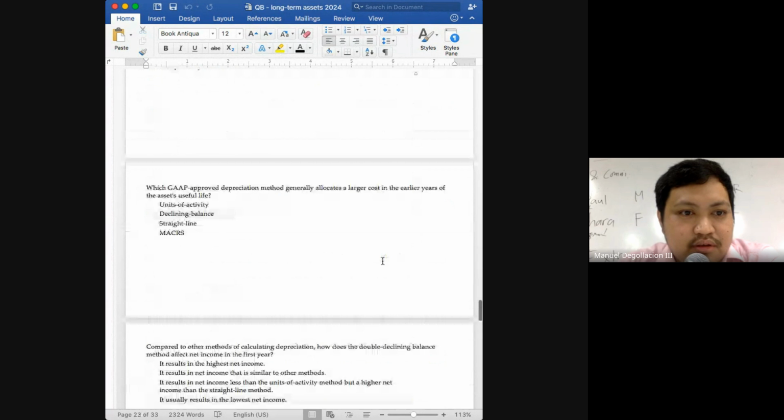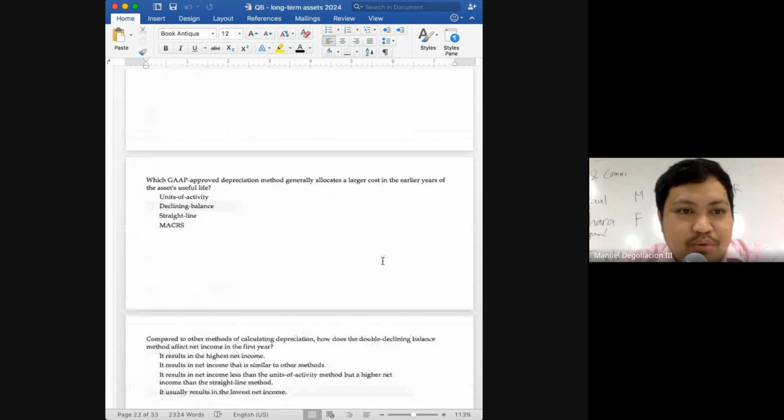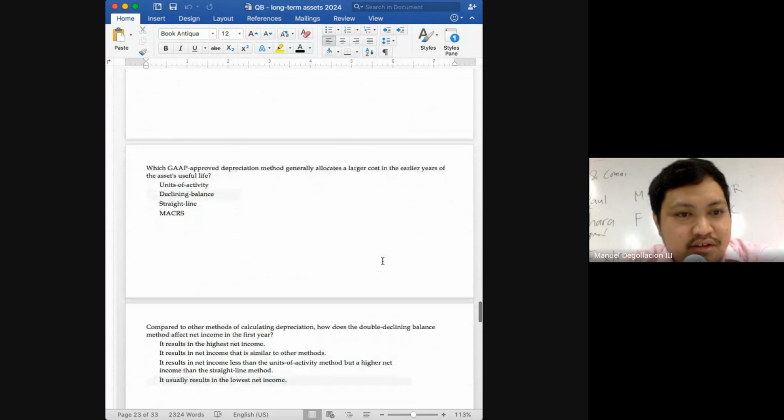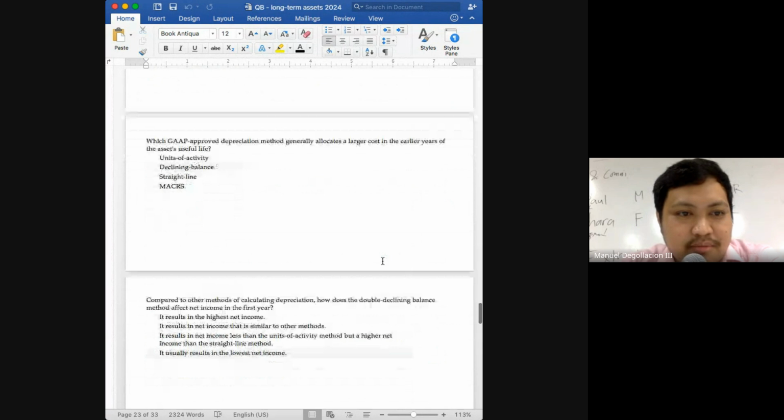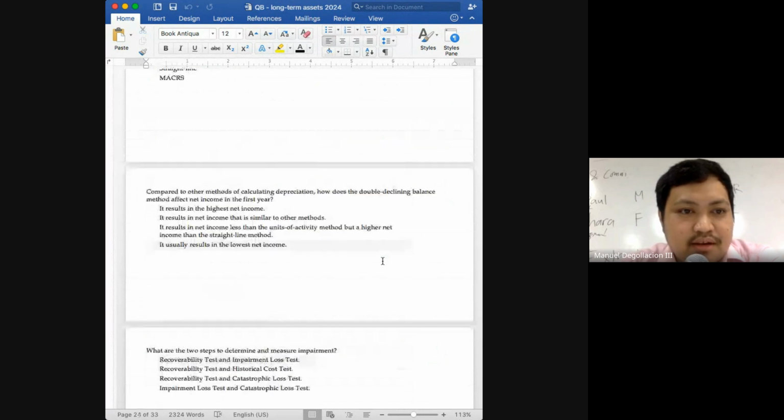Next, which GAAP approved depreciation method generally allocates the larger cost in the earlier years? That would be your declining balance. Next, compared to other methods of calculating depreciation, how does the double declining balance method affect net income in the first year? Here, the answer would be the fourth choice. It usually results in the lowest net income.